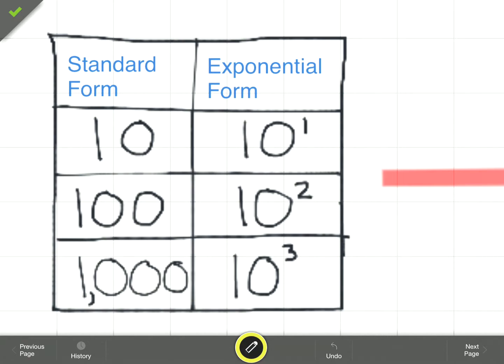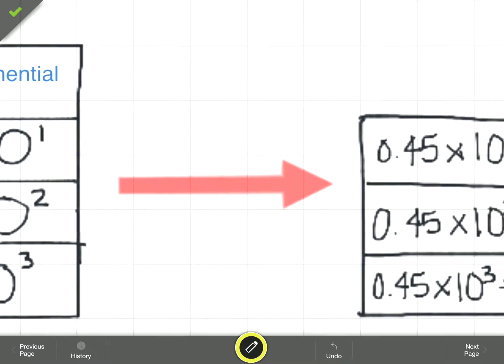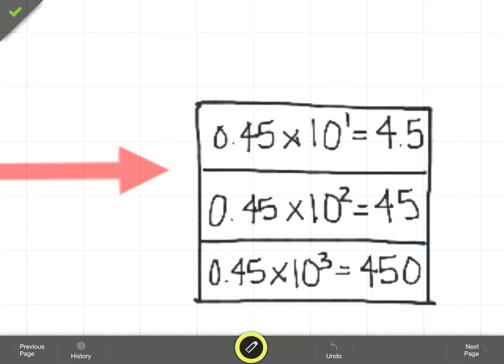Now we're going to see examples of multiplying 45 cents by the exponential form of 10. So 45 cents times 10 to the first power equals 4.5. 45 cents times 10 to the second power is 45. And 45 cents times 10 to the third power is 450.